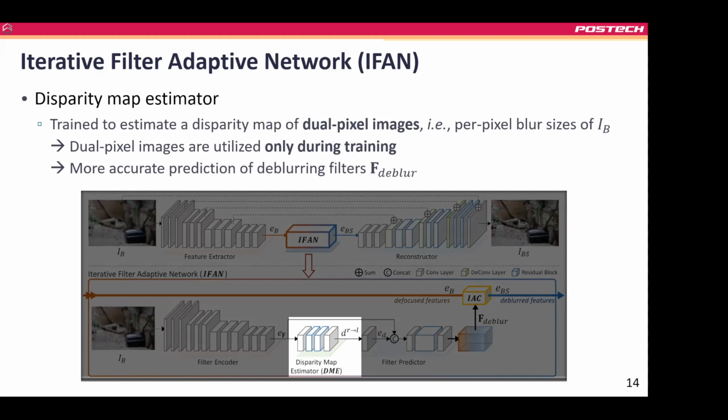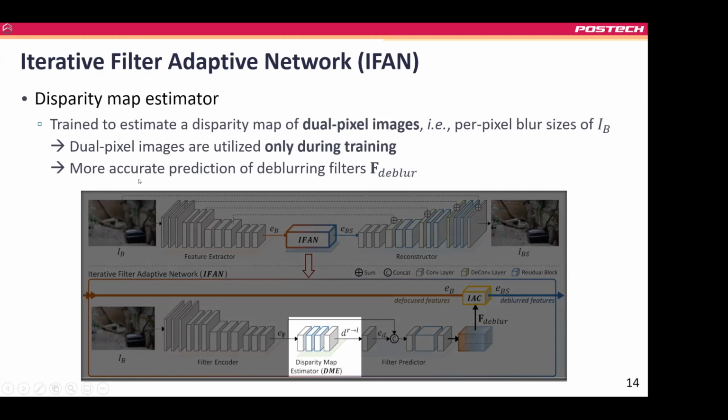Then we use those stereo images for the training of our network. In our network, we have a disparity map estimation module. Here we estimate the disparity, which is related to depth, and that disparity is also related to defocus blur size. By having this disparity map estimation, we can have a more accurate prediction of this deblurring filter.